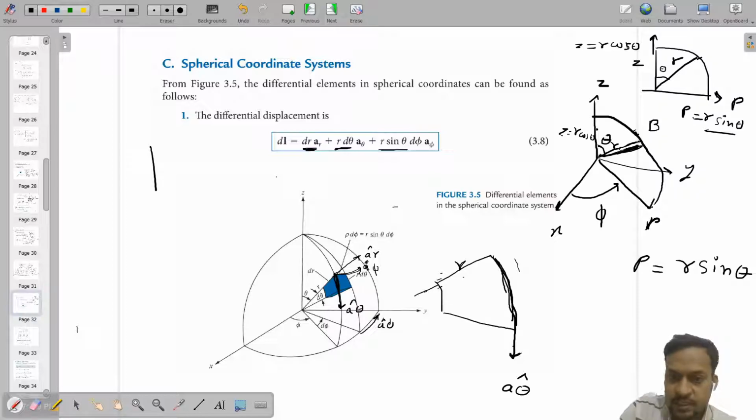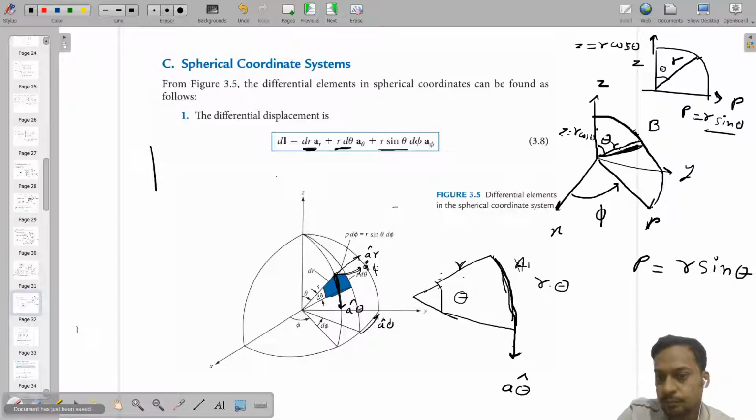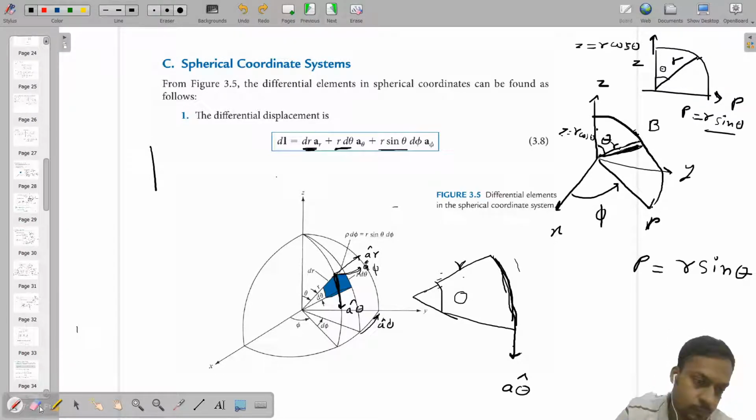If we say this angle is theta, then this arc length is equal to r theta.